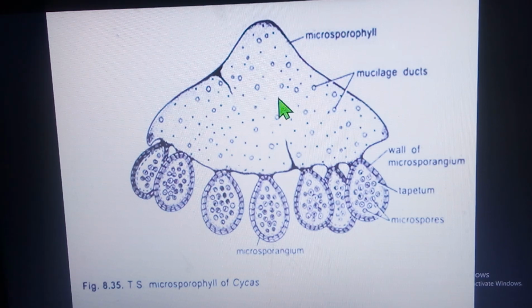So this is the transverse section of the microsporophyll, and you can see here the microsporangia with the microspores inside.